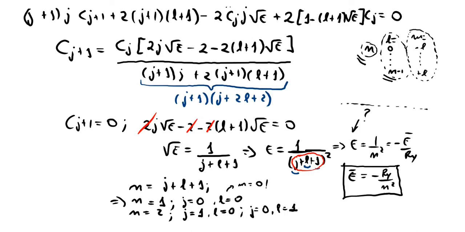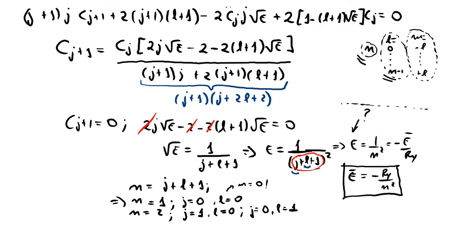Notice that when I have n equal to 2, for example, and now I have L equal to 0 and L equal to 1 as possible solutions, there is a degeneracy here, right? So this degeneracy is, I have two states with n equal to 2. And actually I have another degeneracy for different m's too, but this is something else. The other degeneracy is like, let's say n is equal to 3.